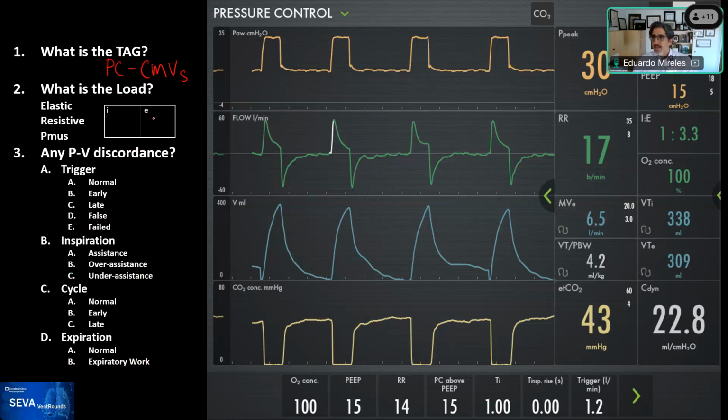Rob, any comments on the tag? Nope. All right. The next question for you all is, what is the load? Is it elastic during inspiration or resistive, or you see evidence of PMOS? Okay.